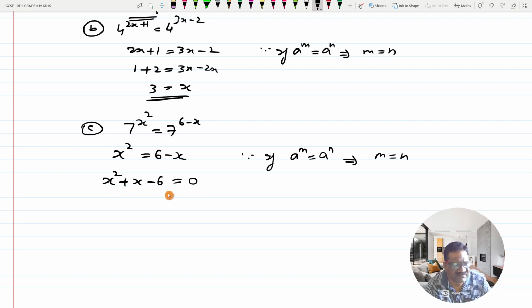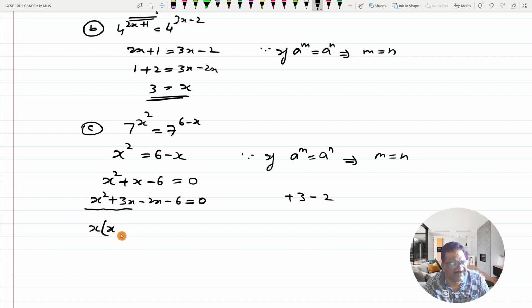It is minus 6. So let us find out two numbers. The two numbers will be, I suppose, plus 3 and minus 2. So this will be x square plus 3x minus 2x minus 6 equal to 0. Now if you take x common from these two, we'll be left with x into x plus 3.